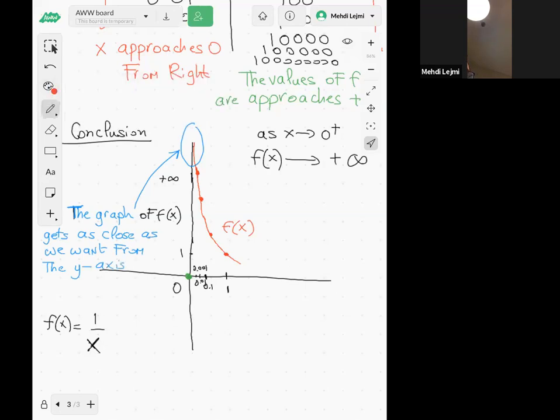Okay, but it doesn't touch the y-axis, right? As you can see, you see my red graph here? It's very close to the y-axis, but it doesn't touch because, again, f of 0 is undefined. So you are not supposed to touch the y-axis.